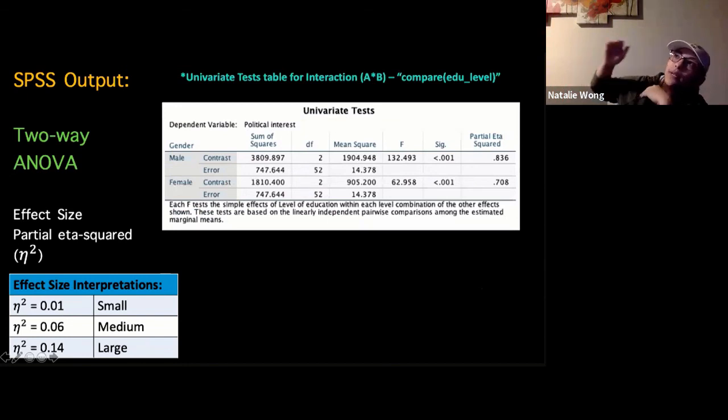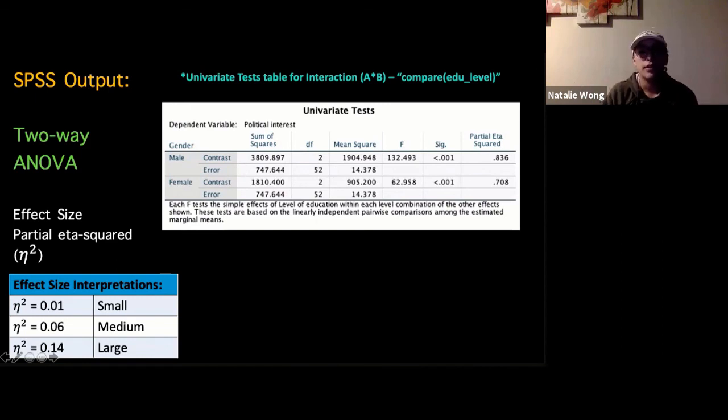So the way the output is organized is you get all of your main effect results first, and then at the bottom of the output, you have all of your pairwise comparisons. So within each pairwise comparison for each independent variable, and then for each of your interaction effects, you're going to have this univariate test box, and that will split up your comparisons.